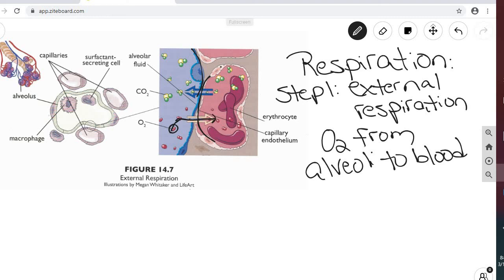Remember that this layer of tissue is simple squamous epithelial tissue, so it's very thin, and the oxygen can easily diffuse. So this happens by diffusion. The oxygen can easily diffuse across the membrane between the alveoli and the blood capillary.